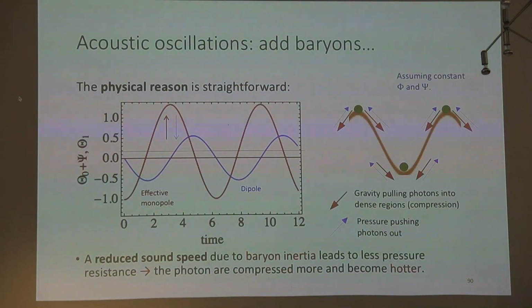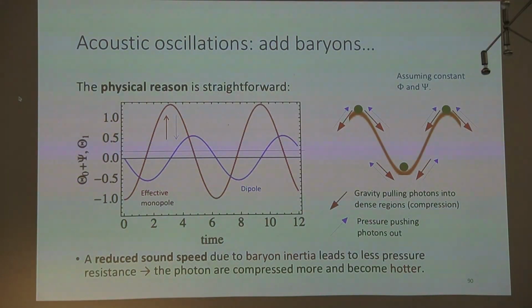And essentially, it's because by loading your photon baryon fluid with a lot of inertia coming from the baryons, you are basically allowing the fluid to want to sit down here in the overdense region. Yeah, because there's just so much more inertia pulling down, as opposed to pressure pushing up.